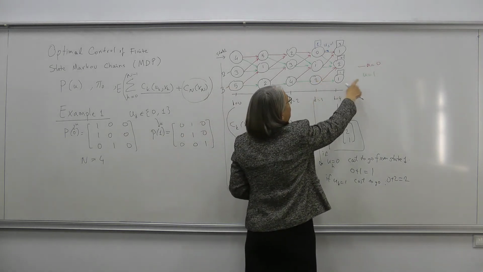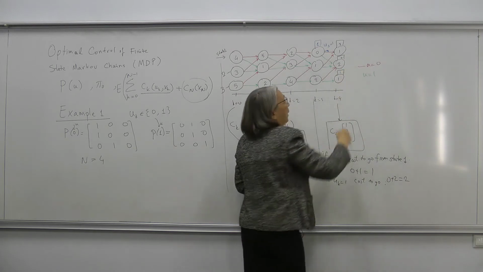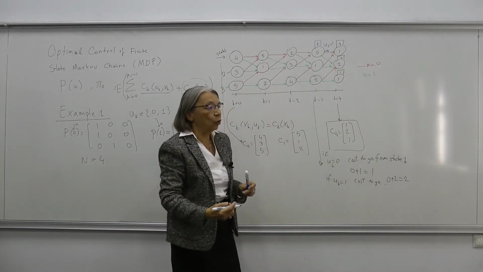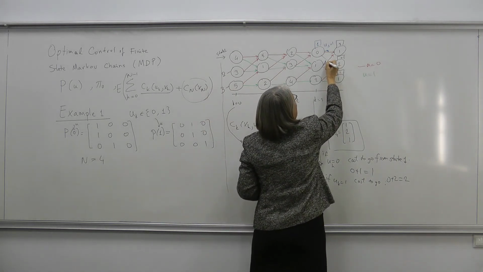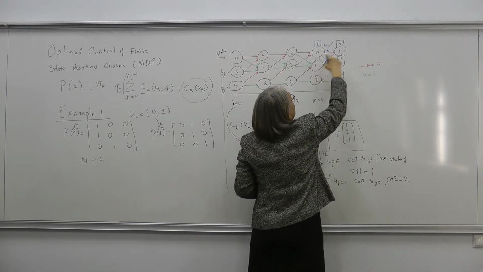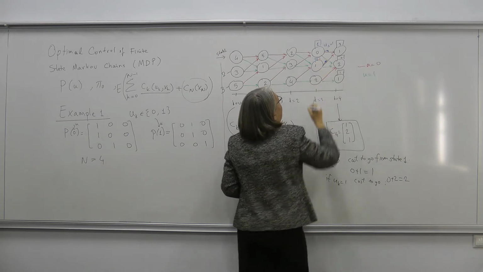But if I choose input equal to 1, then this is 1 plus 2, that is 3. 3 is certainly larger than the previous 2. So we choose this way, and write here the cost to go as 1 plus this cost to go, that is 2.